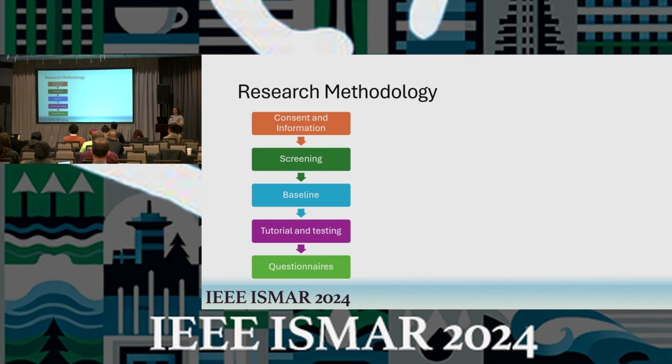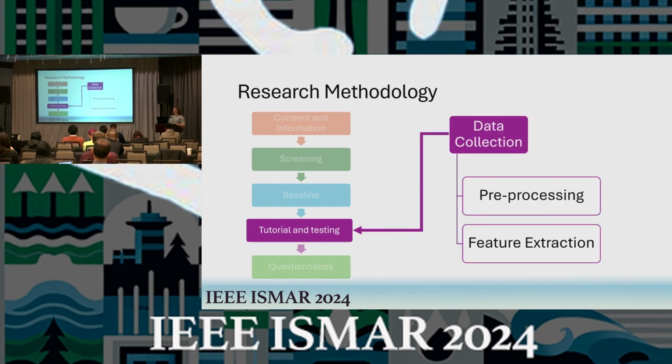This was followed by a baseline step because I'm also collecting some physiological data from the user, such as skin response, gaze data, and performance data as well. And this was followed by tutorial and testing, which is a task, and this was finalized with questionnaires that the participants filled, okay?